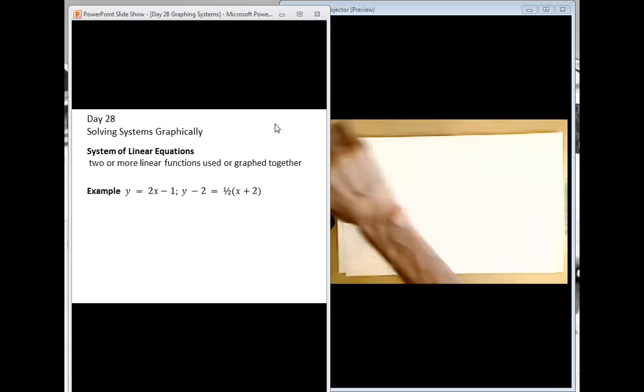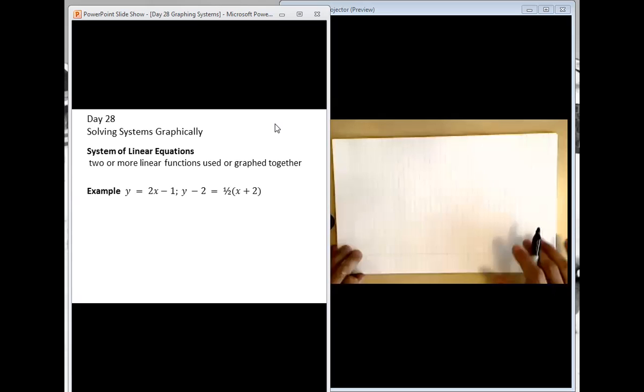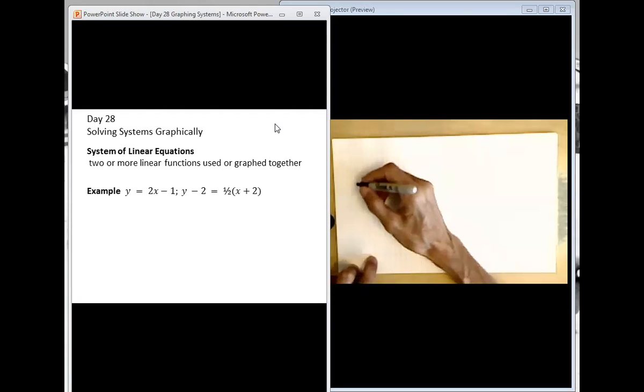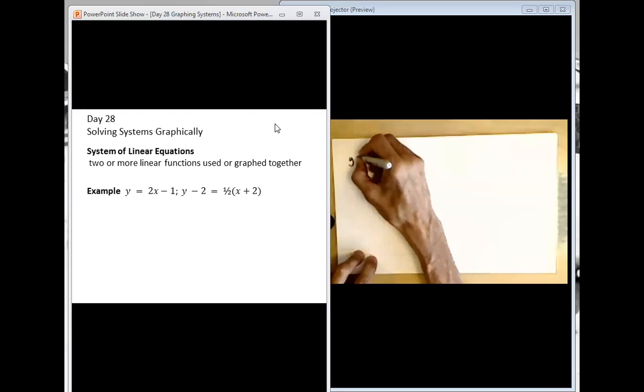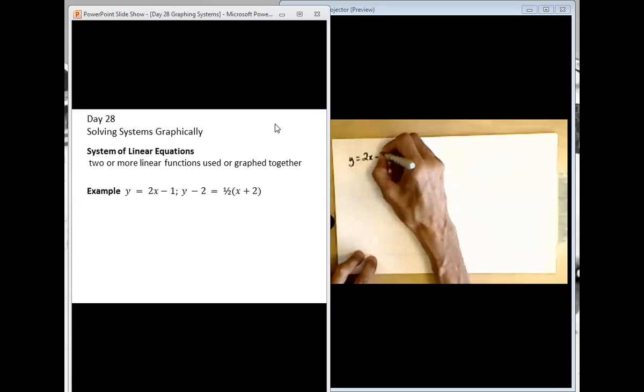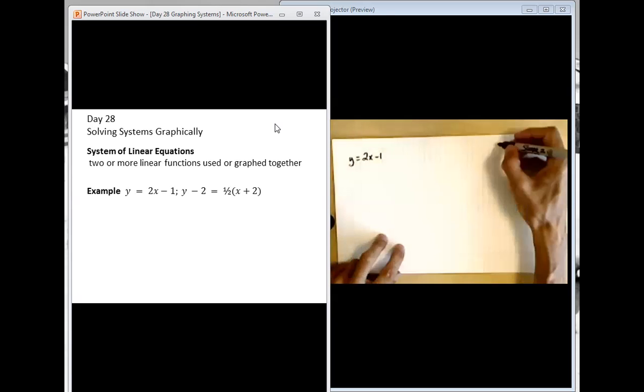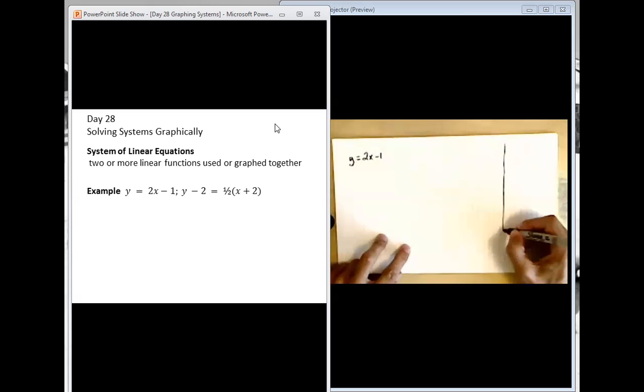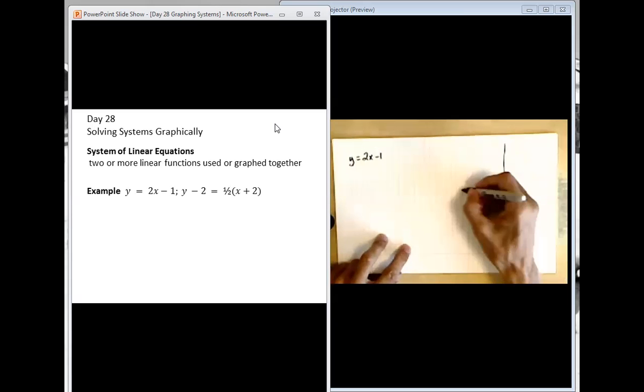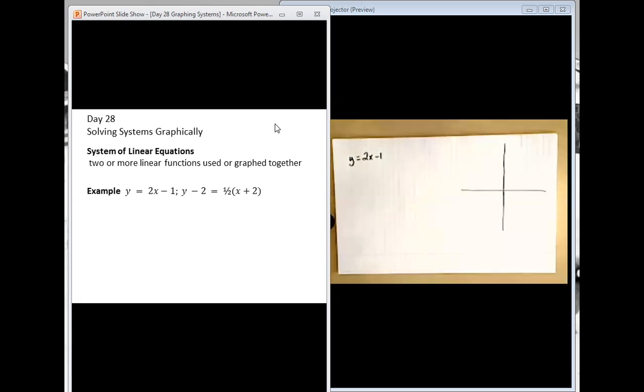Okay. So for the line on the left there, got to create the graph of this thing. Line on the left is y is equal to 2x minus 1. What do you want to do to graph this thing? You can think back to the previous question if you want.